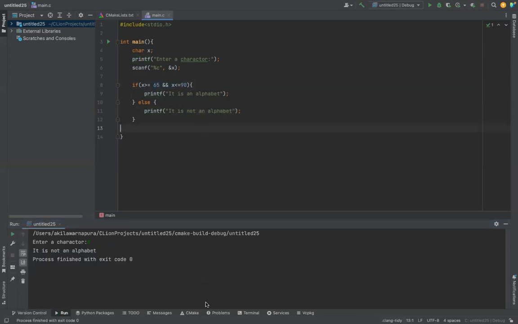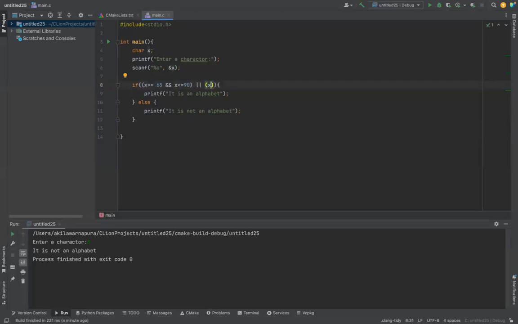Then we have to check the simple alphabet also. So this is one condition, and I put the bracket for this one. This is my first condition. And we have to check OR the second condition. What is the second condition?